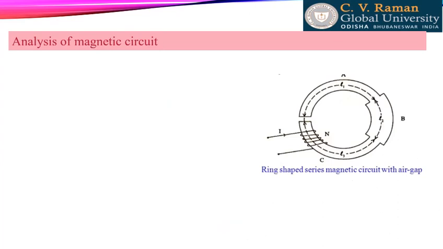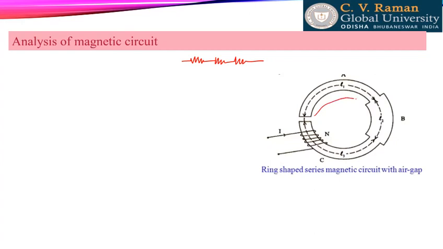Now let us study one magnetic circuit, a series magnetic circuit. How can I say this is a series magnetic circuit? For example, in a series electrical circuit, we take resistances in series. Here we are taking magnetic materials.